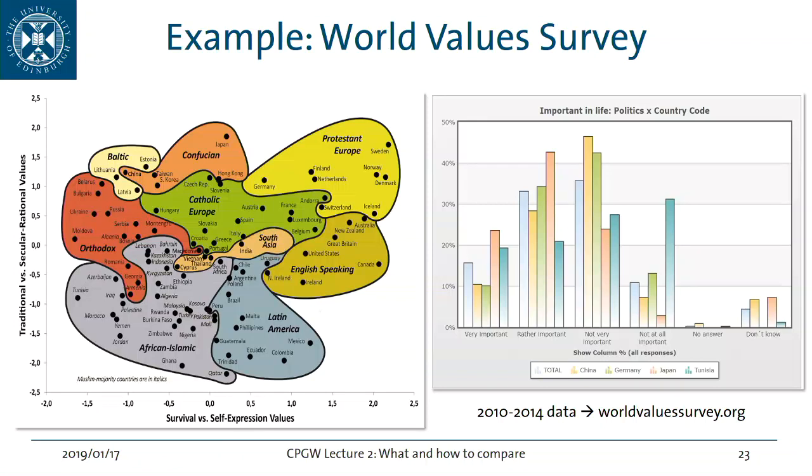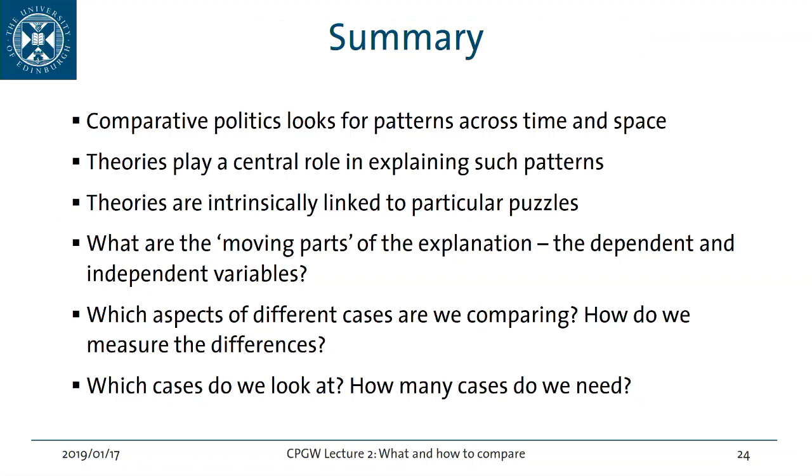A similar number of people are saying that politics is not at all important, despite their systems being vastly different. So this is an example of large-scale, large N studies where, of course, we know nothing in detail about the case of Malta or Albania or Spain, but our goal is to come up with the largest possible comparison between the most possible cases.